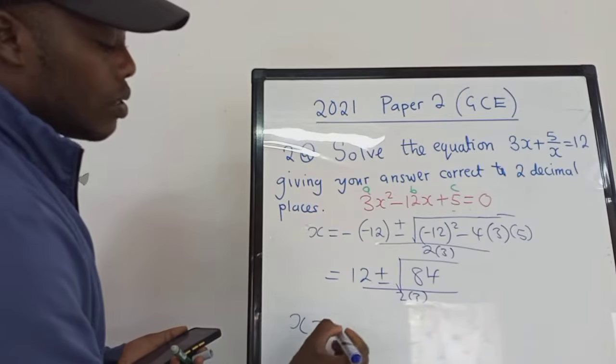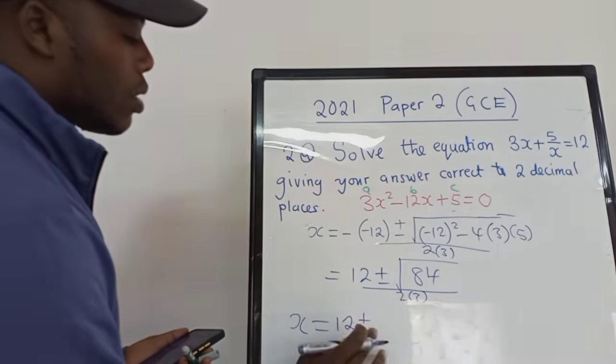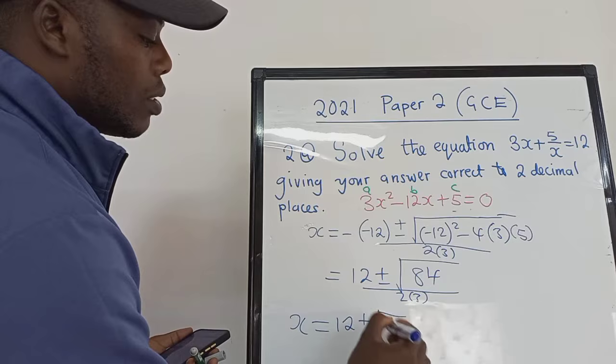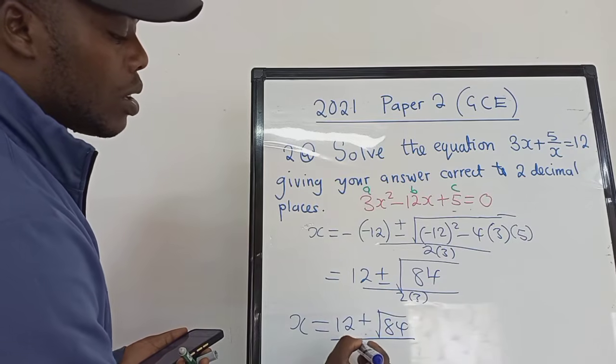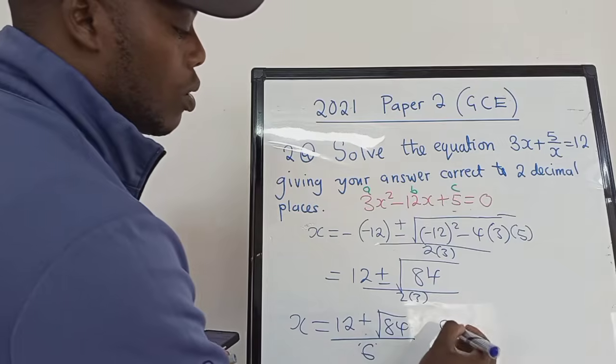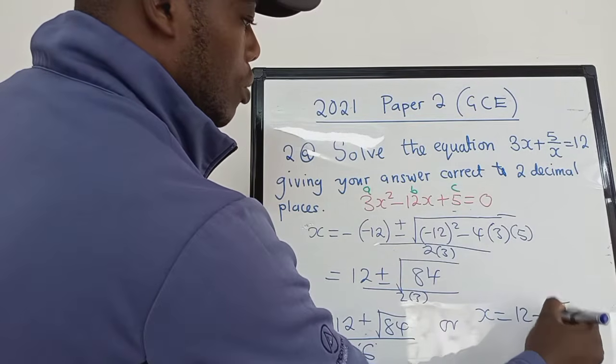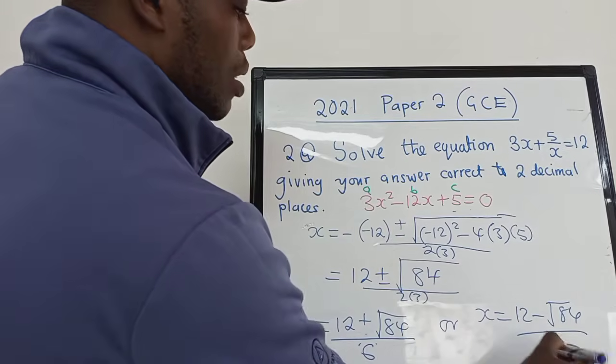So x is equal to 12 plus or minus, we just separated it, plus root of 84 over 6. This is 6. Or x will be equal to 12 minus root of 84 over 6.